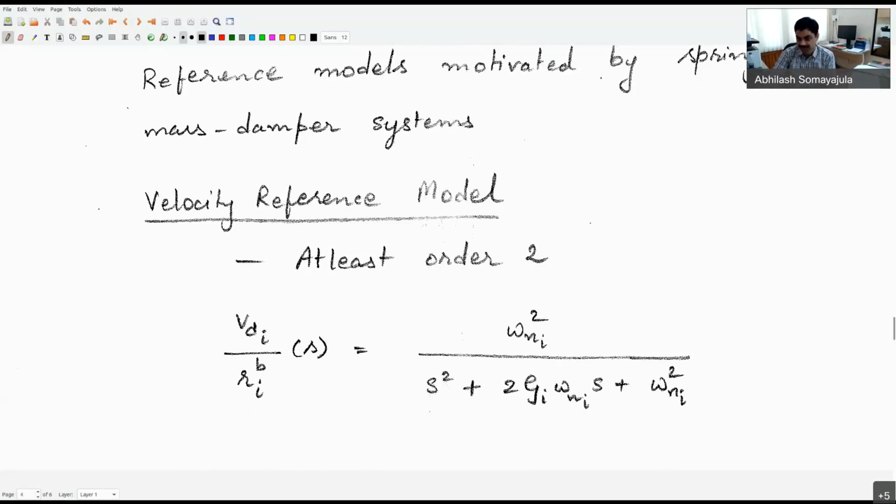Especially the bottom part of the transfer function should look somewhat familiar when you look at transfer functions and Laplace transforms. We are going to stop now and come back on Thursday and continue from there, to see how these velocity models, acceleration models or position reference models can be generated using these low pass filters.